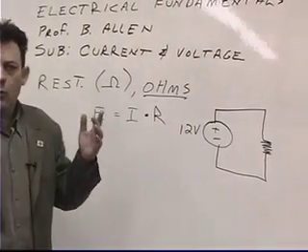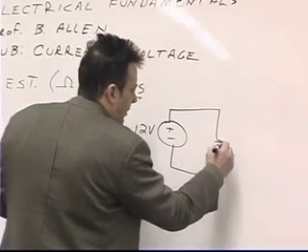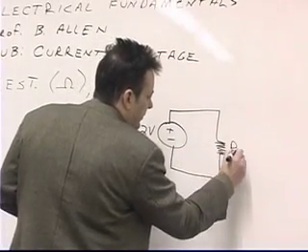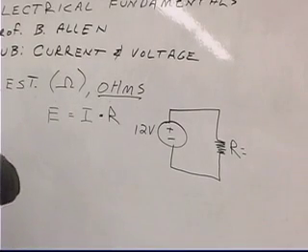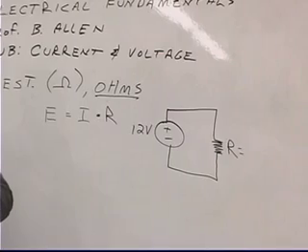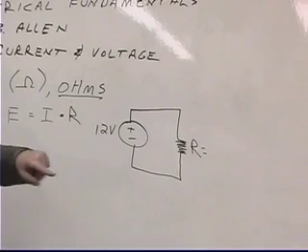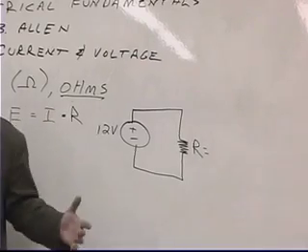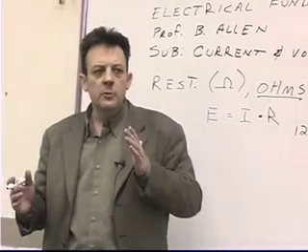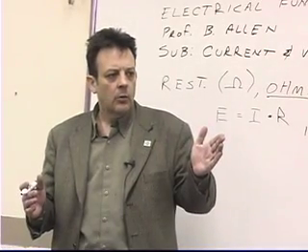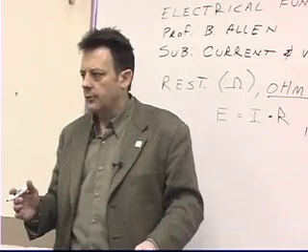If, for simplicity's sake, let's say that this hairdryer right here had a resistance. And what is resistance? Opposition to current flow. Just like walking through the pool. Okay? But instead of a human being walking through the pool, what's happening in an electrical circuit? What's moving? Electrons. What kind of electrons? Valence electrons.